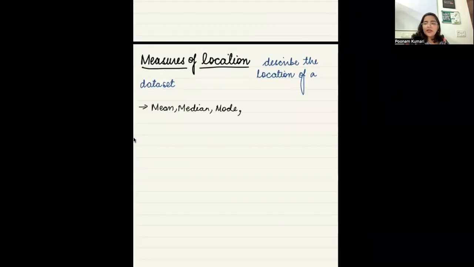Now you will also get to know one more thing which is called trimmed mean. So what is mean, what is median, what is mode, what is quartile? All these things we will get to know. Okay, so let's start talking about it one by one. All right.